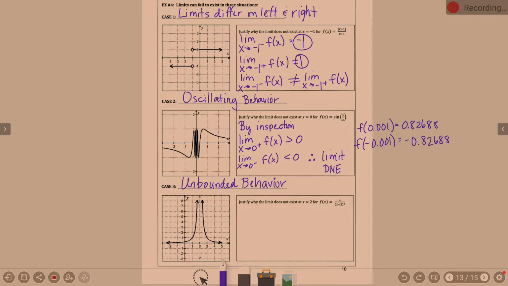So, this says justify why the limit does not exist at x equal 2 for this given function. Okay, make the mistake I made. Because I made it, so I know you guys will make it. What would you say the limit is here as x approaches 2?